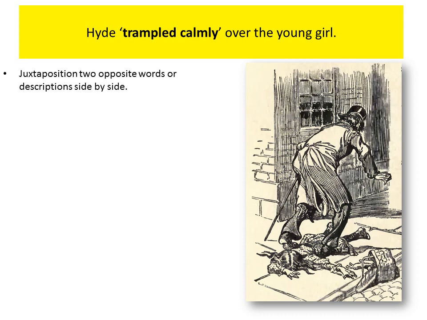Now, this description uses juxtaposition. Juxtaposition is when you have two opposite words or descriptions side by side. Let's take a closer look. Take a look at these two words, trampled, calmly. These two words look rather strange when they are placed side by side, because they both describe very different things.